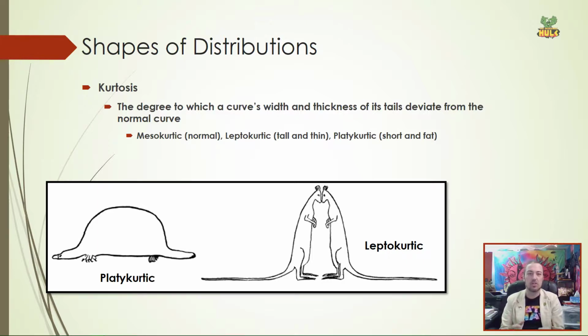Meso is in the middle, kurtosis is the shape or skew of the distribution. If a flat distribution, where scores are way away from the mean, spread in both directions really widely, not a whole bunch of them near the center point of the average, we call that platykurtic, like a big flat wide platypus, right? If, on the other hand, everyone is right near the mean, we're all bunched right together, we call that leptokurtic, right? The tall, thin distribution.